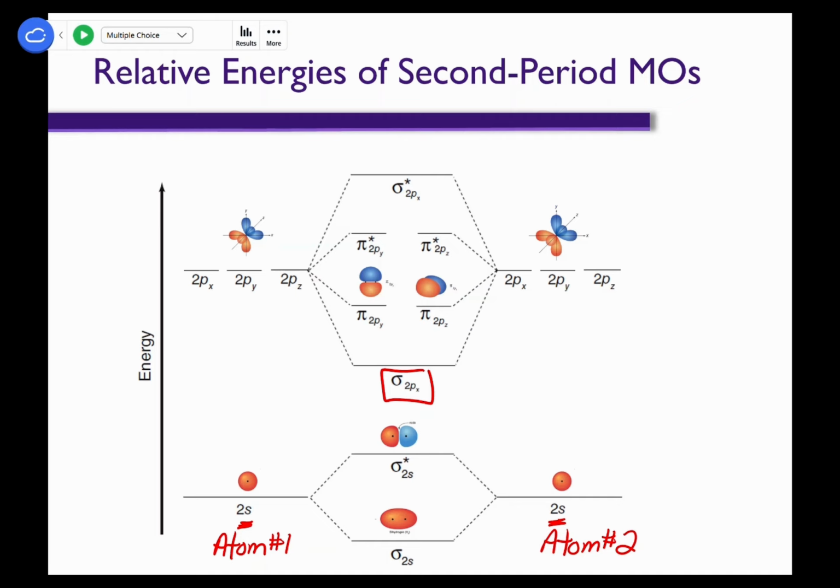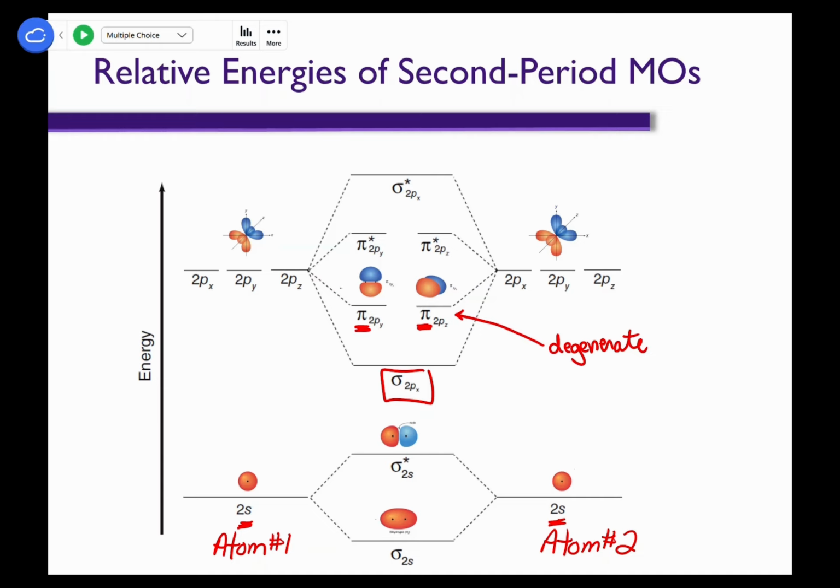Whether I combine on the y-axis or the z-axis, you can see that the combination is the same. So that's why we have pi 2py and pi 2pz. These orbitals are degenerate. They have the same energy because they're the same thing, they're just oriented in space differently.